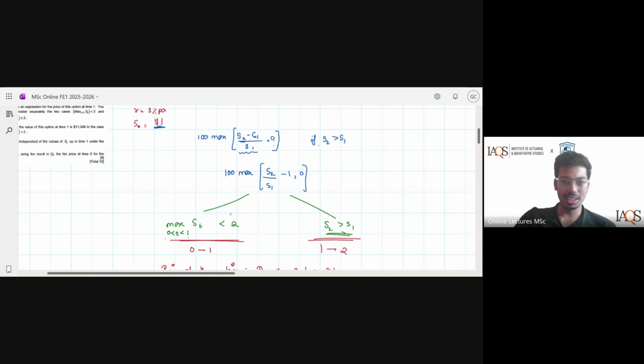Then we just wrote a summary: what is applicable, which condition from 0 to 1, which condition from 1 to 2.